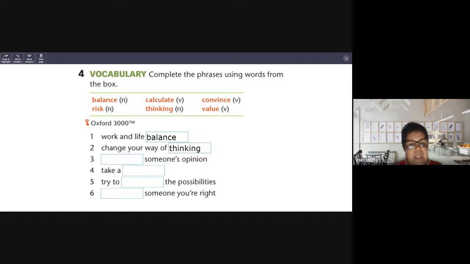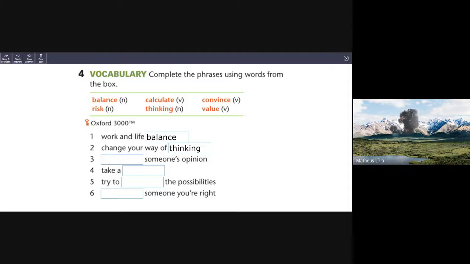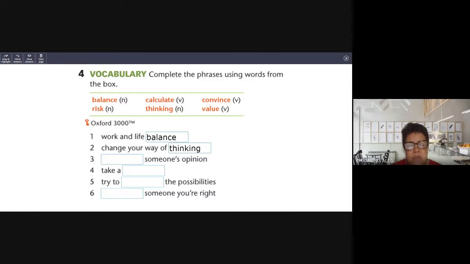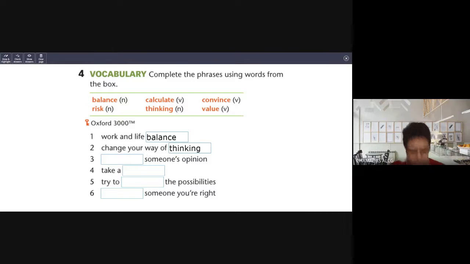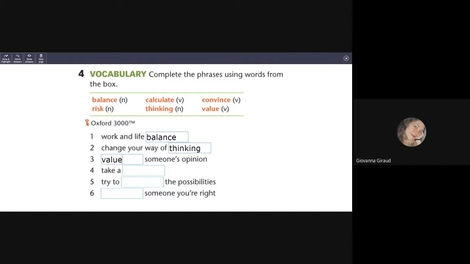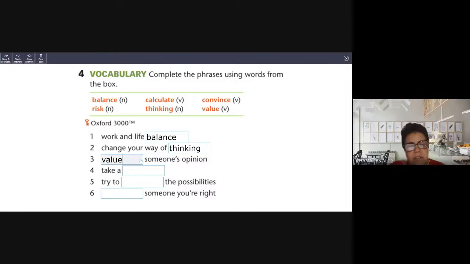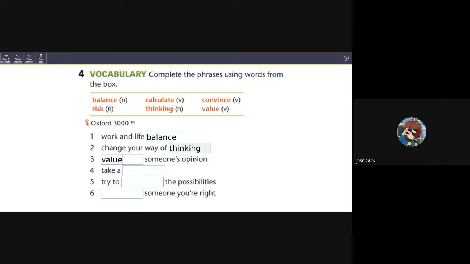Risk someone's opinion. No, number 3, no, sorry. Convince someone's opinion, or I think it's another one. Value. Value someone's opinion. Yes, I think this one is better.